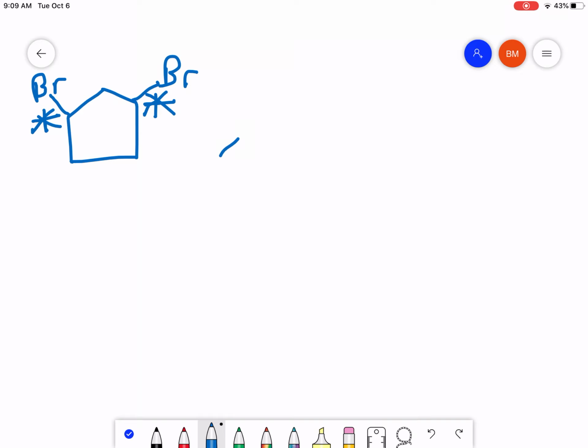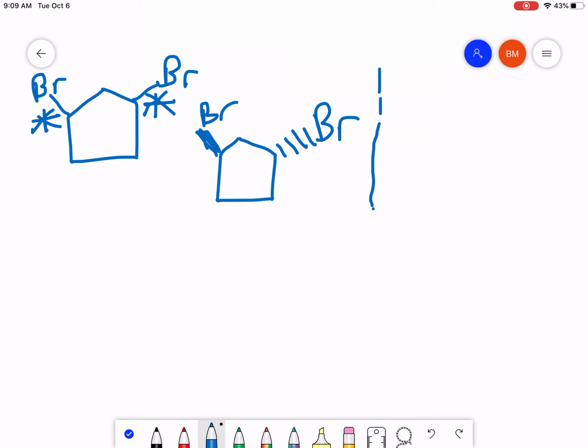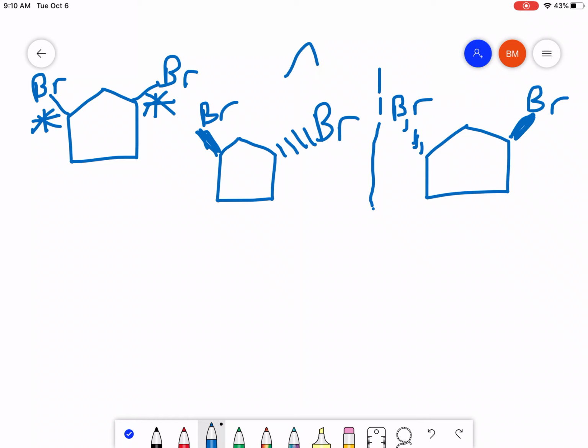Here's what I'm going to do. I'm going to draw one like this. I'll go ahead and make them trans the first go around. Mirror image. All right, so what do we want to do?